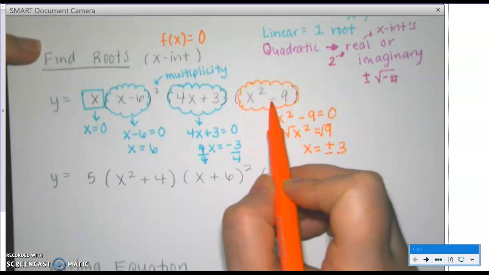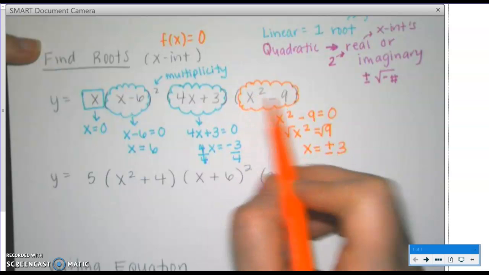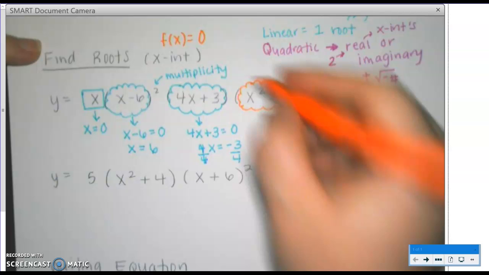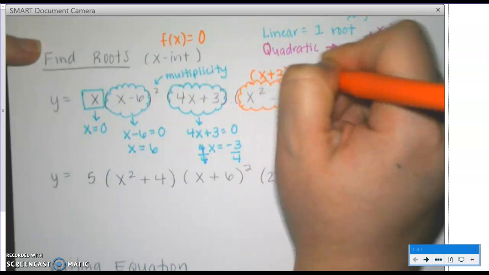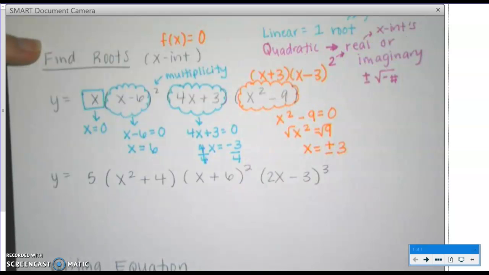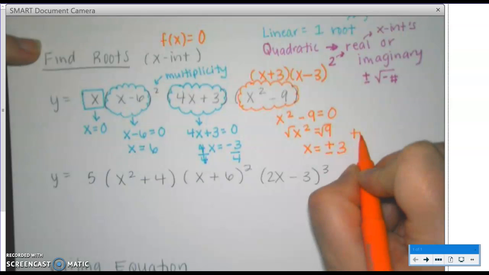Whenever you're subtracting and you see x squared and that number is a perfect square, that factors into x plus 3 times x minus 3. So there are your 2 roots, a positive 3 and a negative 3.